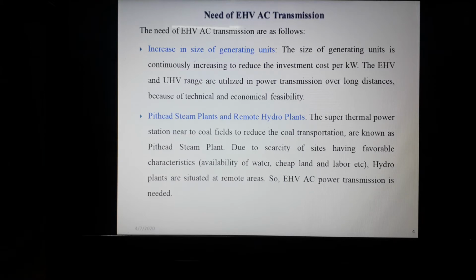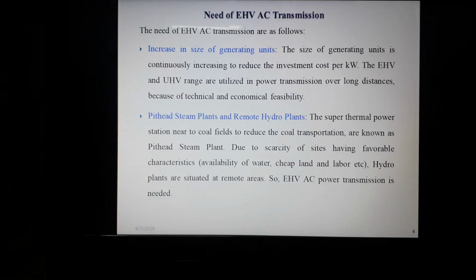The need for EHV AC transmission includes the following points. The increase in size of generating units. In the present scenario, the size of generating units is continuously increasing, to fulfill the increasing demand and growth in load, and to reduce the investment cost per kilowatt.